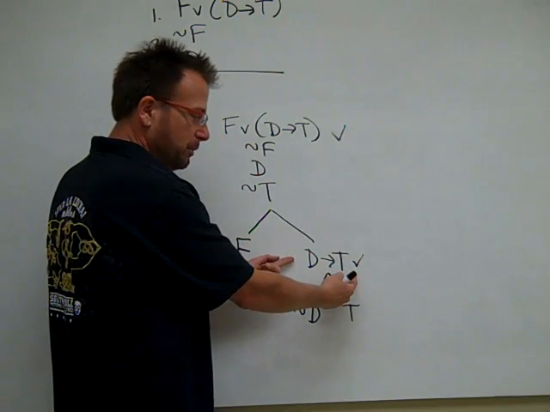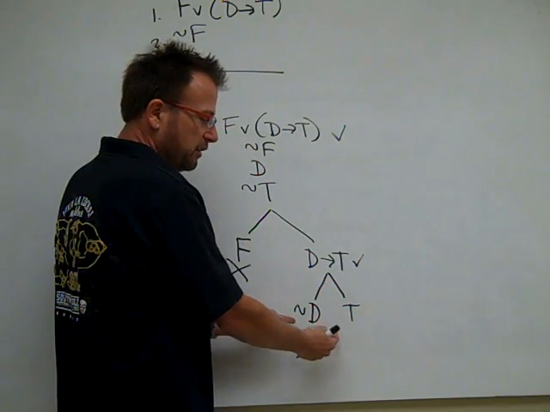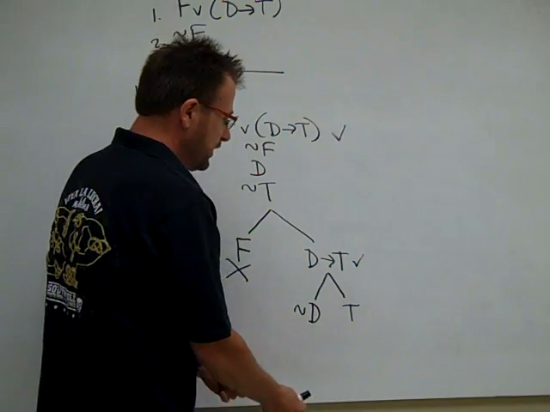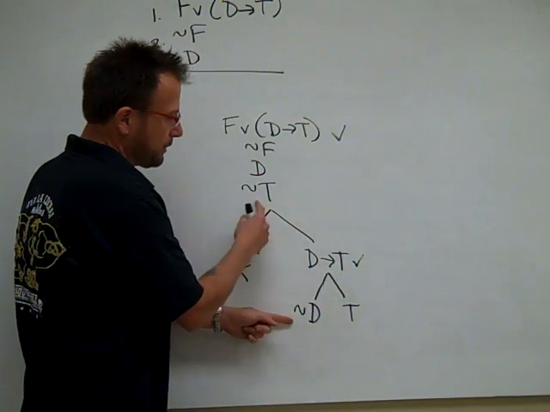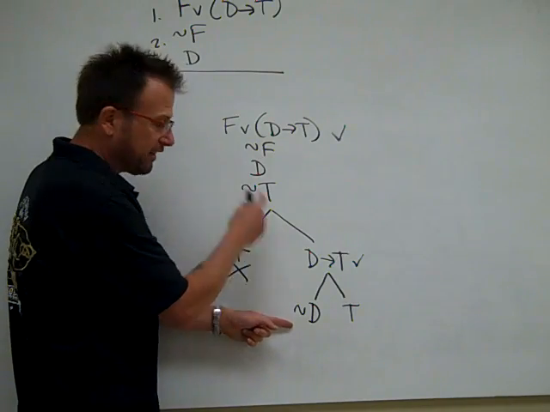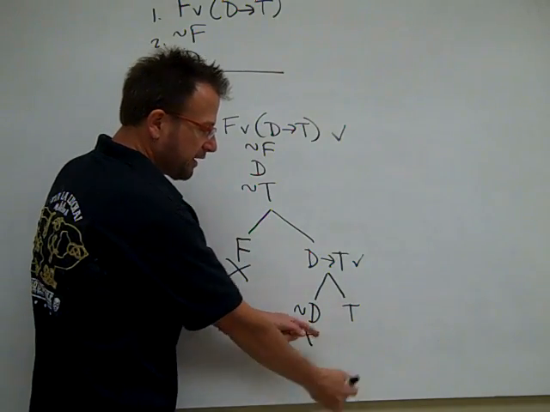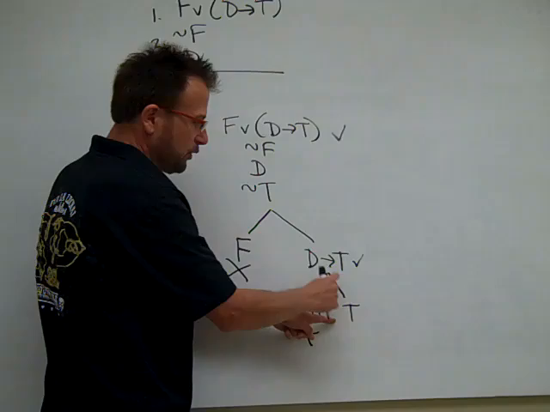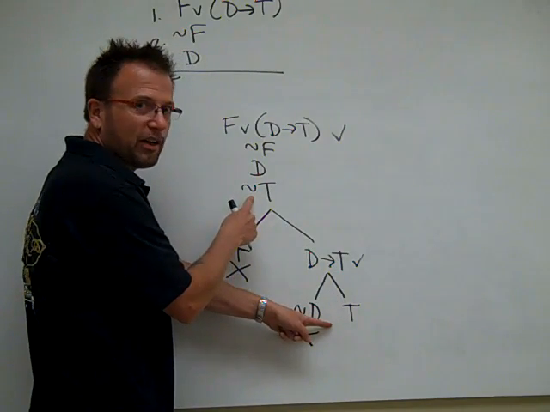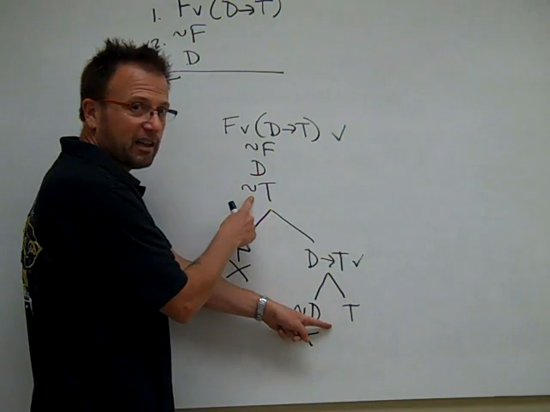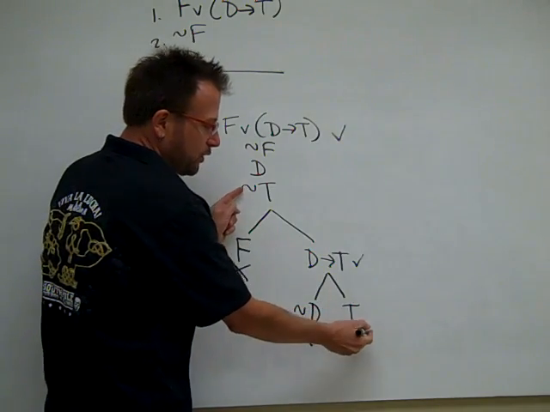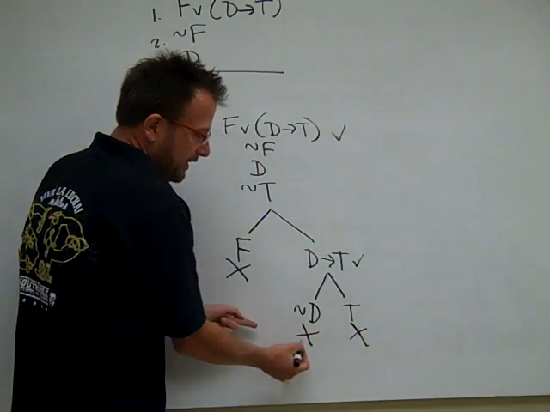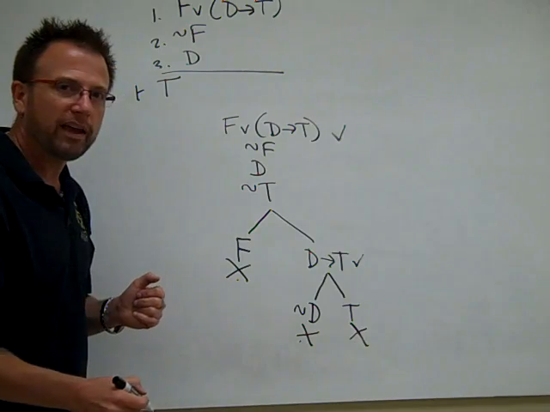Now notice here I've got asserted not D, trace up the tree, and here I've got D. That's a contradiction. Here I've got T asserted as true, but when I trace up the tree, I notice here I've got not T asserted as true. These two things cannot be true at the same time. Look at this. I ran into a contradiction everywhere I went.